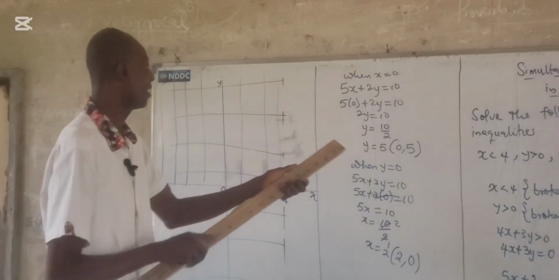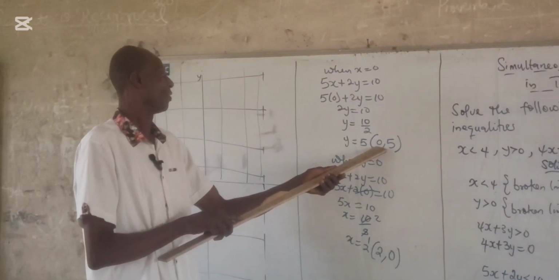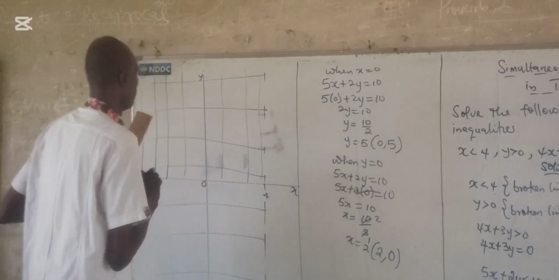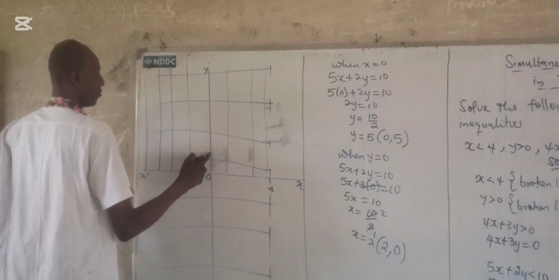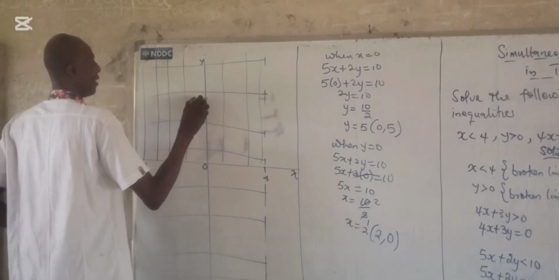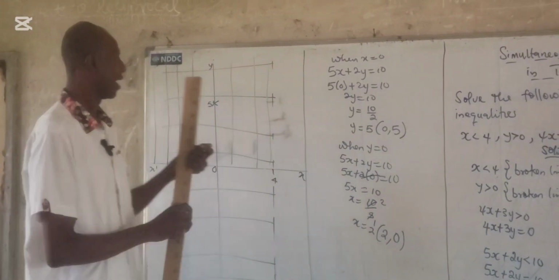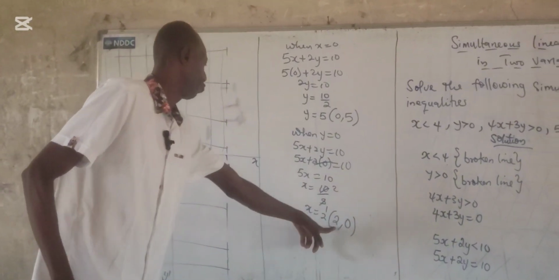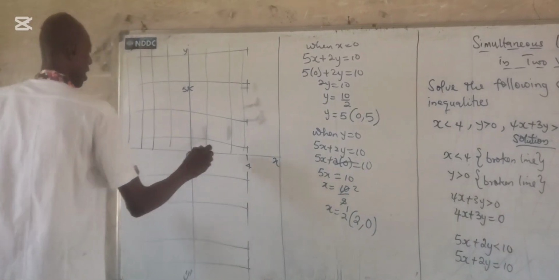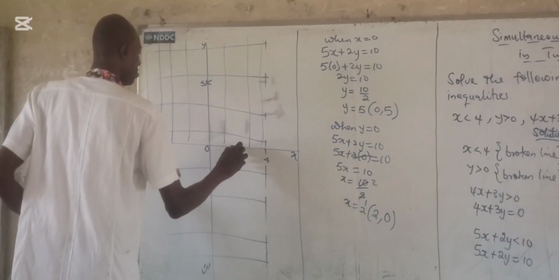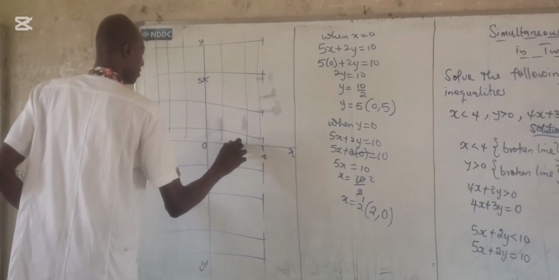Now, you see when x is 0, y is 5. You can take 0, 1, 2, 3, 4, 5. I can take my 5 to be here because I'm not using graph paper. Then when x is 2, y is 0, I can take my 2 to be here. If you're using graph paper, you get it.